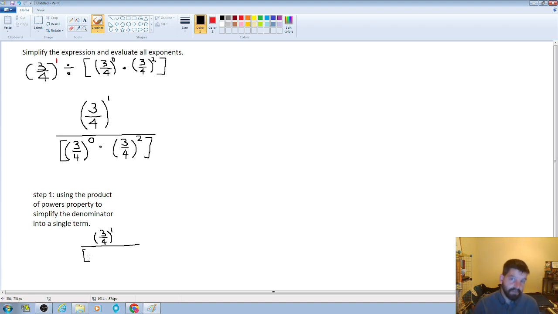And again, another application that you could have taken here is using the 0th power property, in the fact that any base to the 0 power is 1, but we'll take a little bit of a different approach with this one.